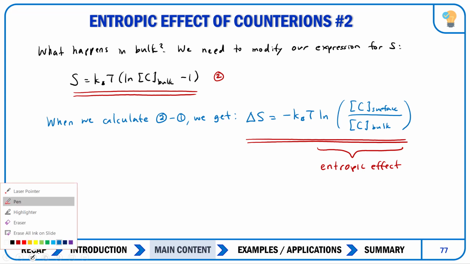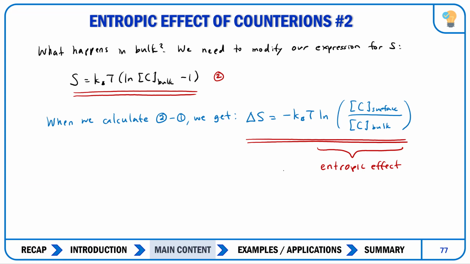But from here to here, we call that entire term the entropic contribution. So just for you to understand the two different terms, what is an entropic effect and what is entropic contribution.